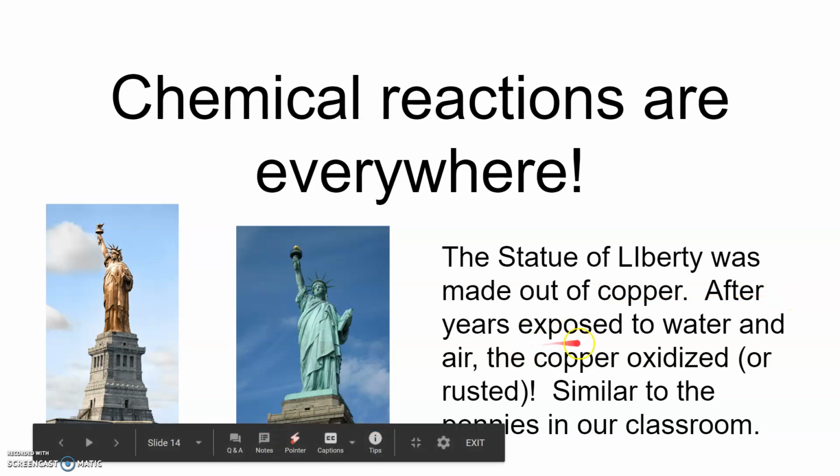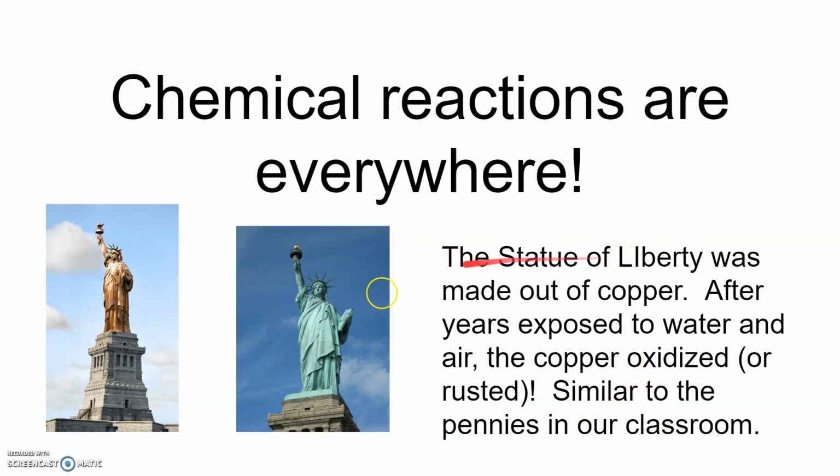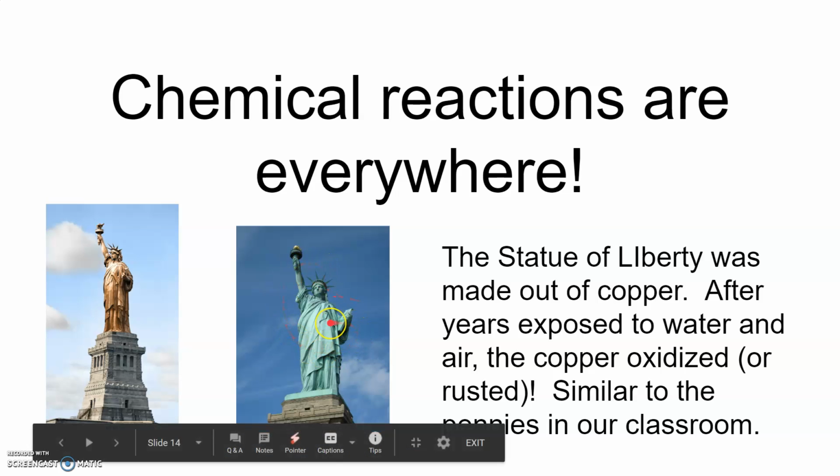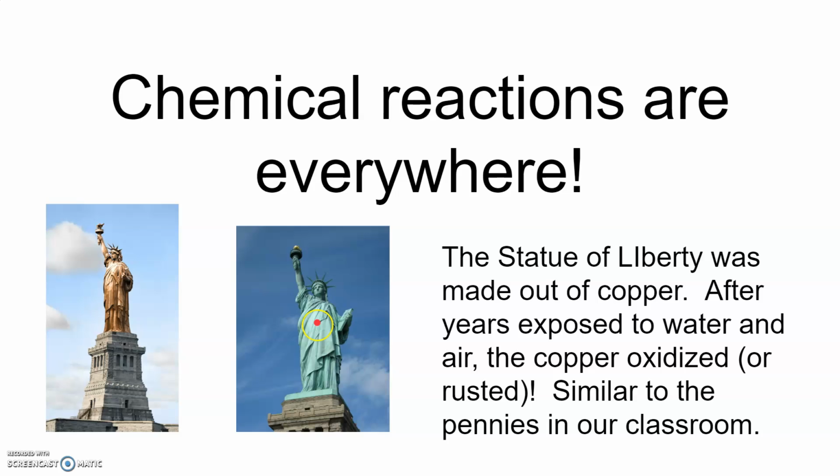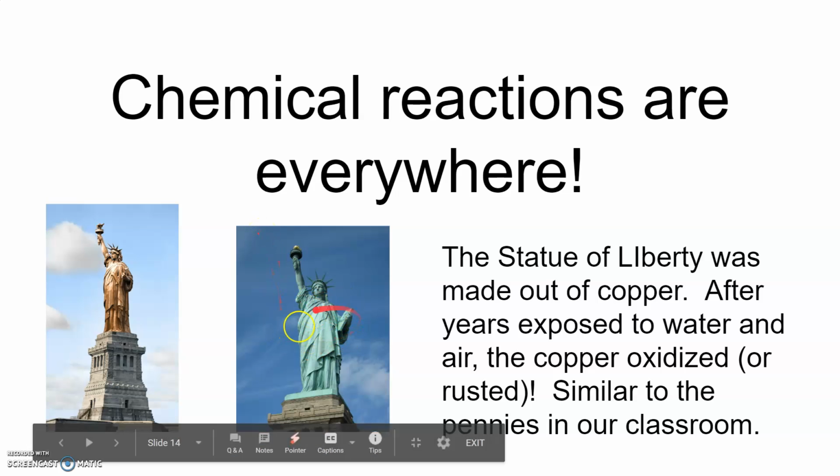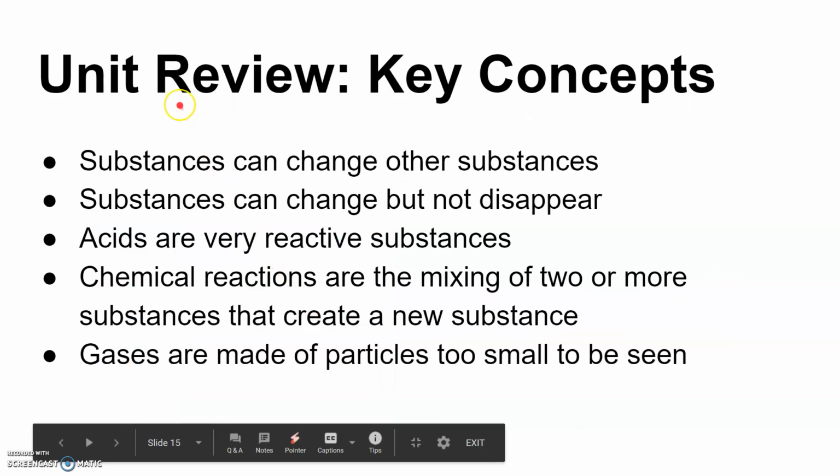So after years exposed to water and air, the copper for the Statue of Liberty oxidized or rusted. It's very similar to what happened to the pennies in our classroom. So it didn't just transform into green. There was a reaction that let off some gas into the air, and then it changed what was left behind.